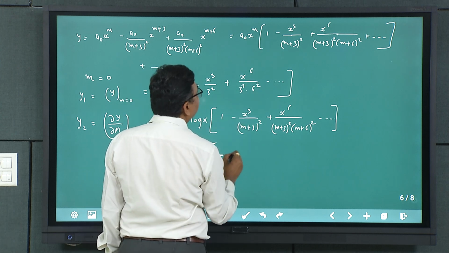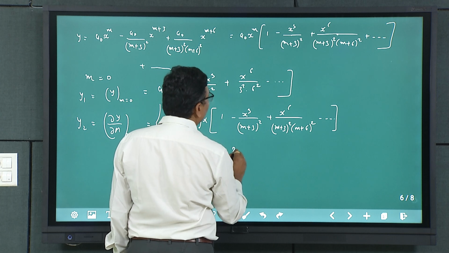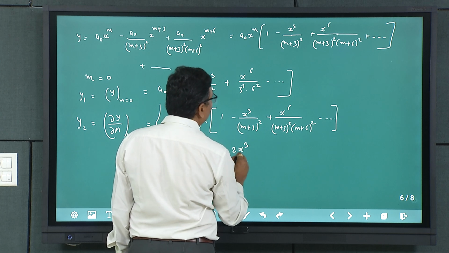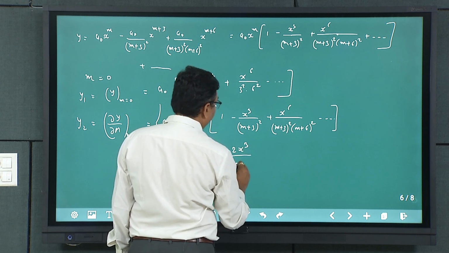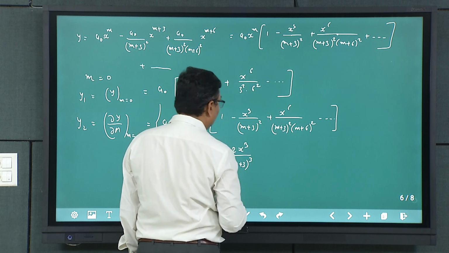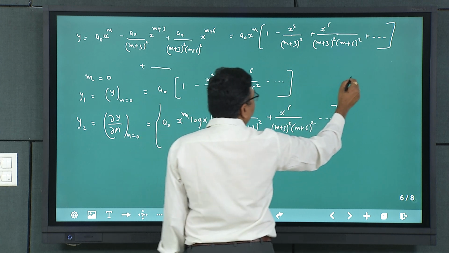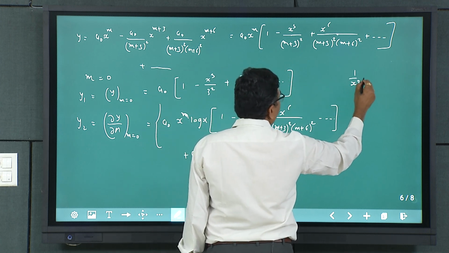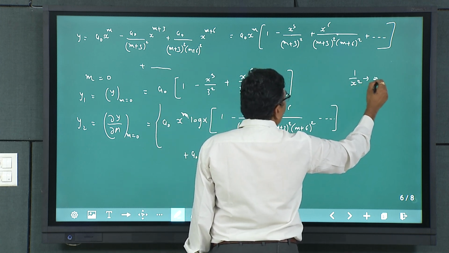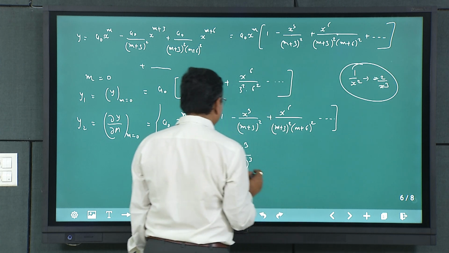Now partial derivative of this with respect to m is plus 2 x cube upon (m plus 3) raised to the power 3. The partial derivative of this term with respect to m, so derivative of 1 upon m square, that is equal to minus 2 upon m cube. So I use these things.